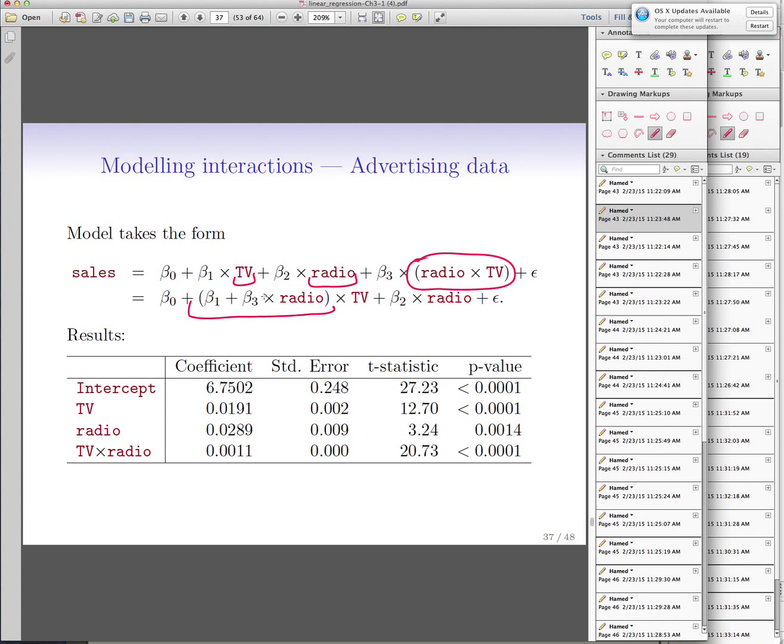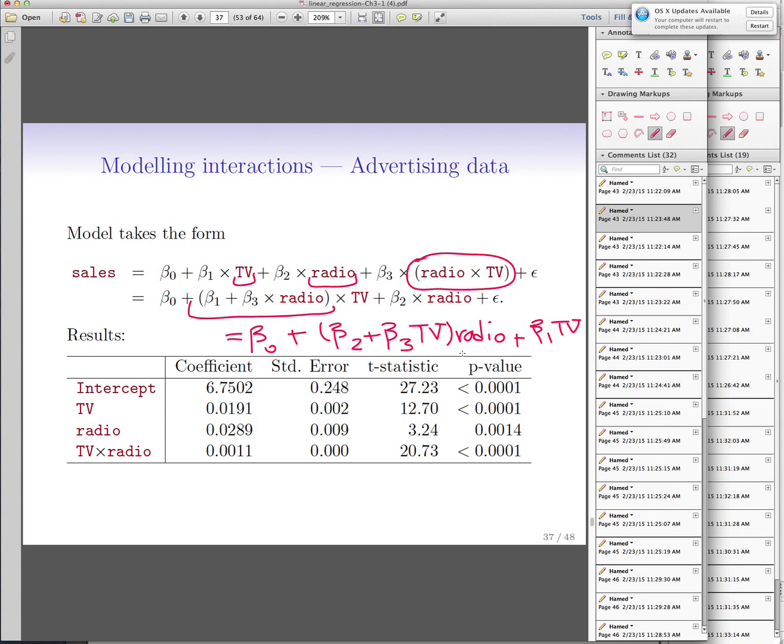So that means for a given value of radio, if you add $1 to TV advertisement, you would expect to increase your sales by beta 1 plus beta 3 times the amount you spend on radio. We can rewrite the same linear regression line this way. We can write it as beta 0 plus beta 2 radio plus beta 3 TV times radio plus beta 1 times TV.